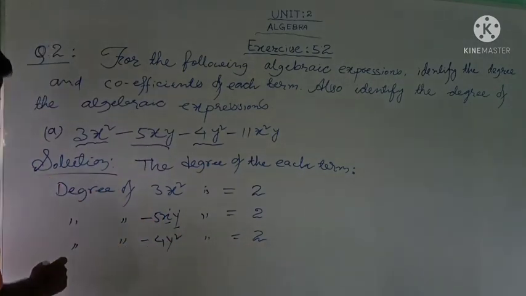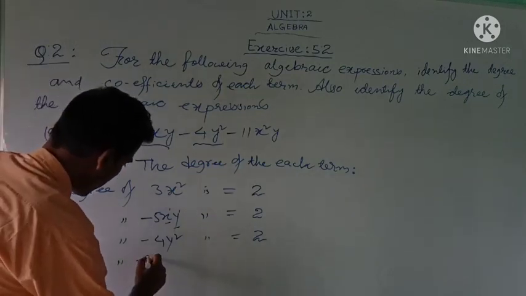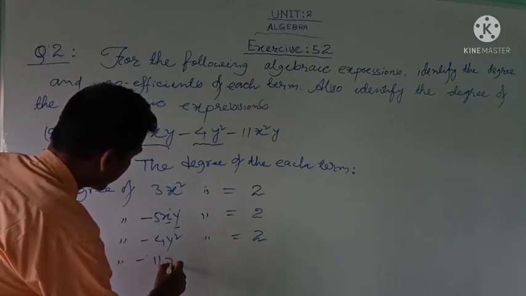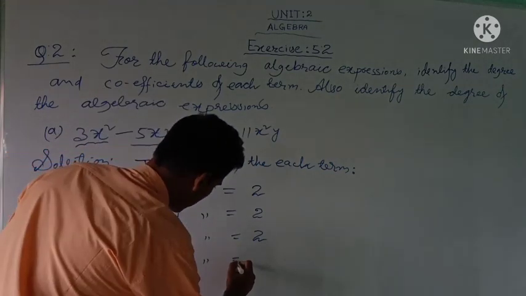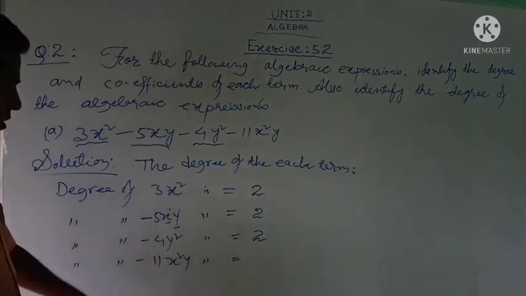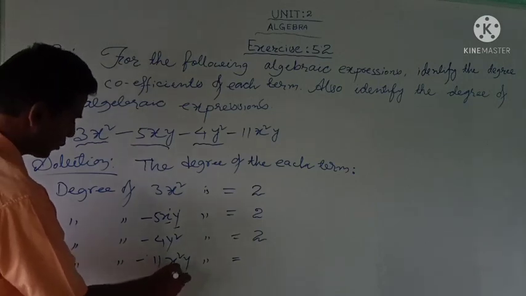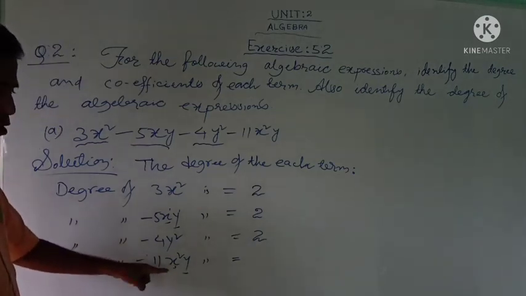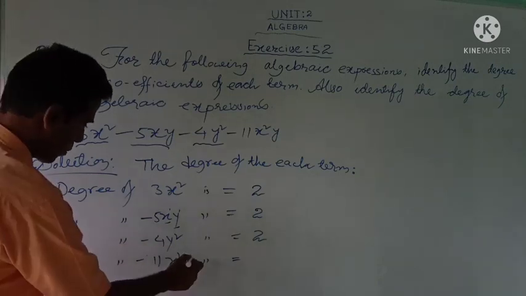Next, degree of minus 11x square y is, okay, degree of minus 11x square y is. Now see here we have got two variables, one we got x and y we have got y. Now the power of x is 2 and power of y nothing is there, so that means power of y is 1.